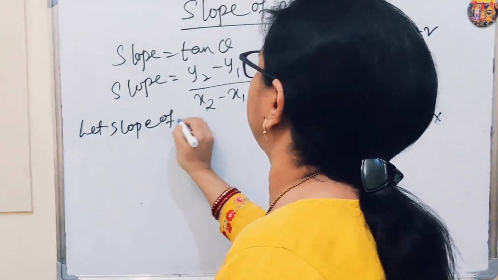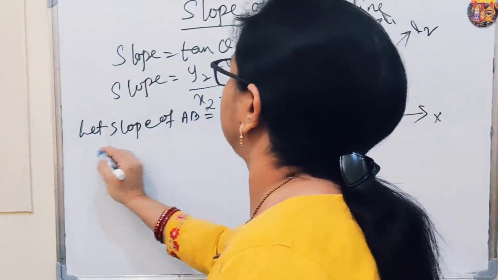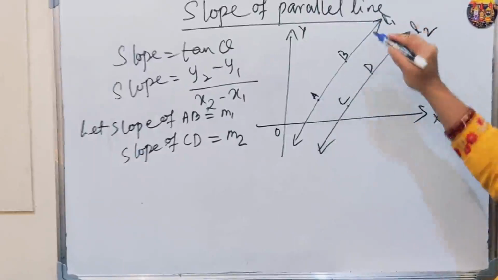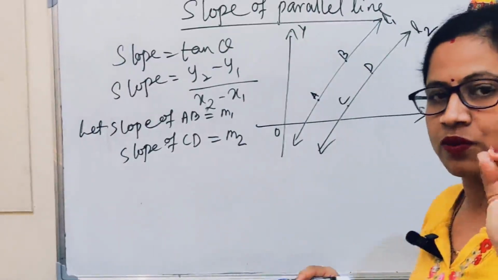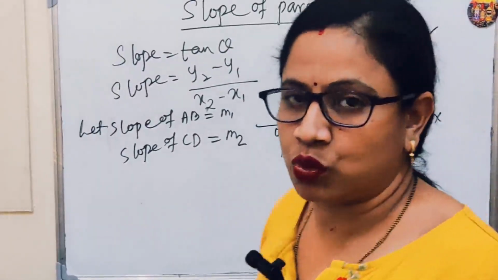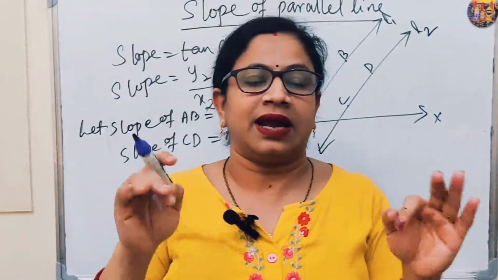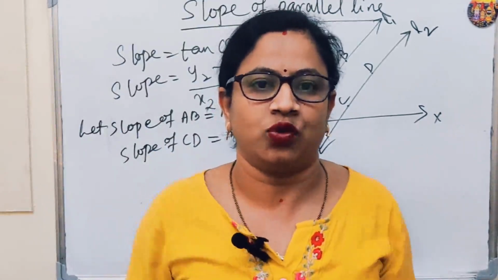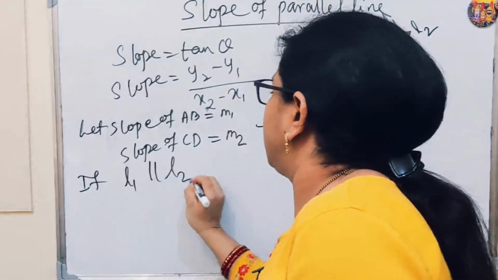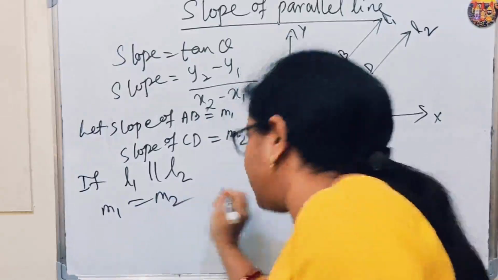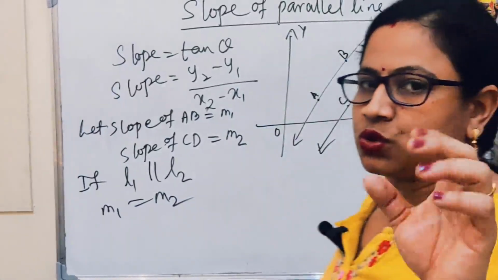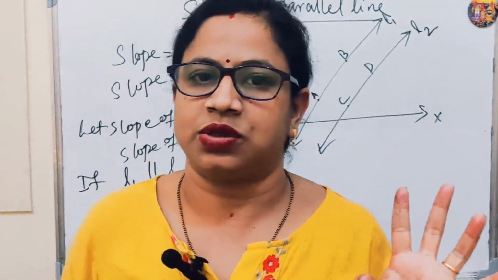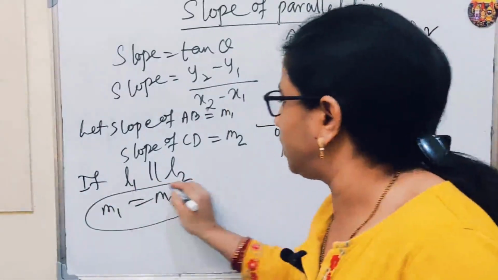Let slope of AB be M1 and slope of CD be M2. If both lines L1 and L2 are parallel, then M1 is equal to M2. Slope of the first line is equal to the slope of the second line only and only if the lines are parallel to each other. So this is the formula for parallel lines.